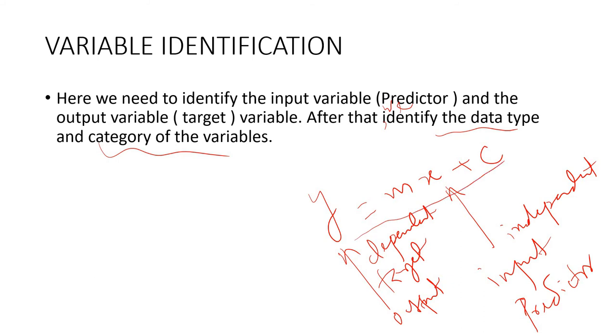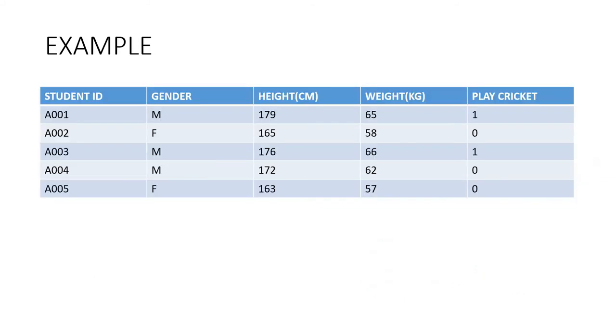Here we need to identify the input variable and the target variable. After that, we identify the data type and the category of the variables. Let's take an example, then you will understand it very clearly. Here we have a data set. The student ID is given as A001, A002, A003, A004, A005, and we have gender, male or female, the height of the students in centimeters, and the weight of the students.